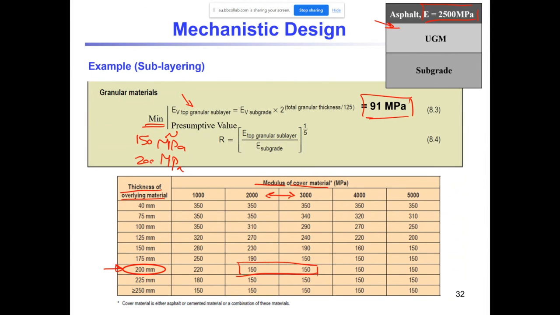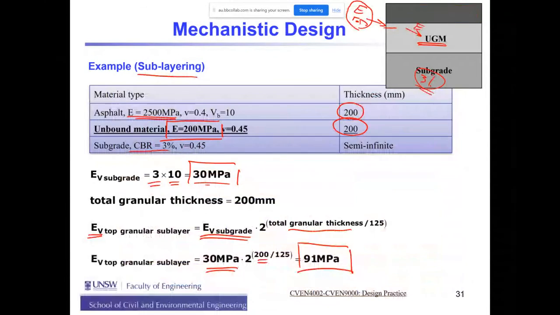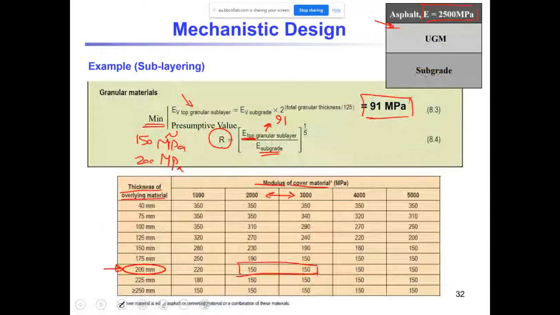The next step is to determine this reduction factor, this ratio of decrease in stiffness of the unbound granular material, right? This ratio factor is a function of E top, which is 91, and E subgrade, which we determined as 30.